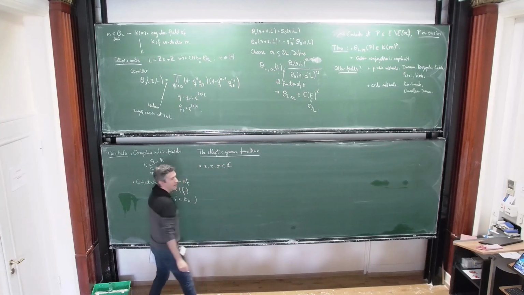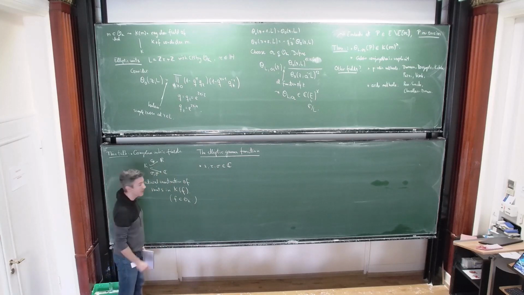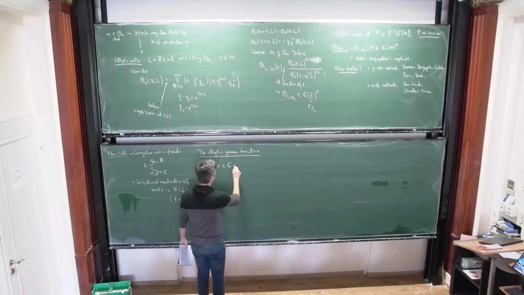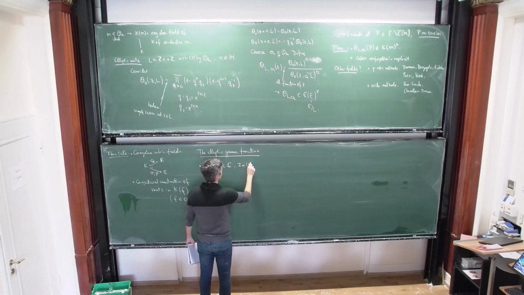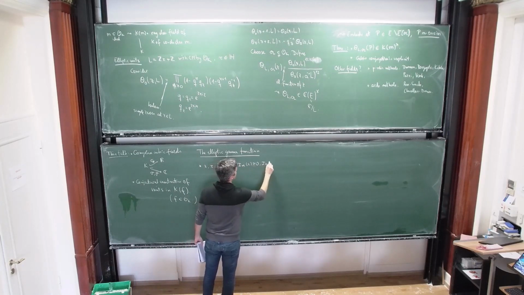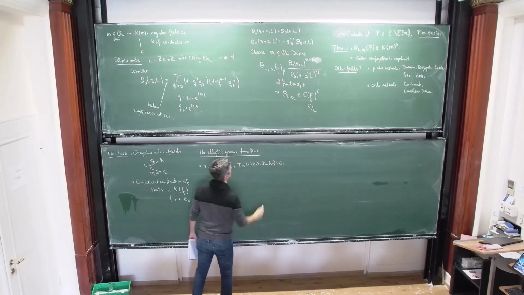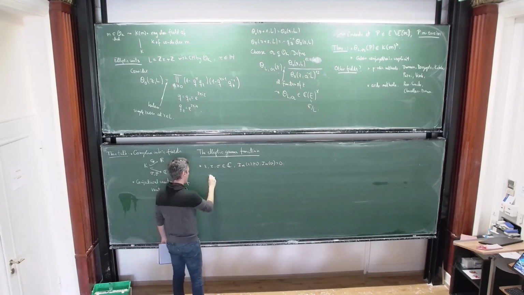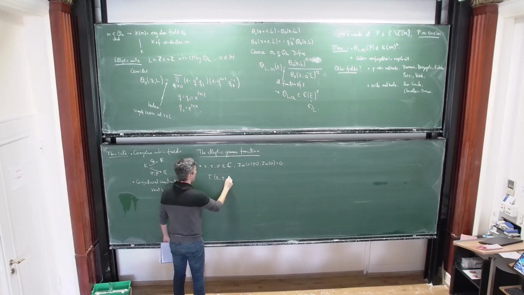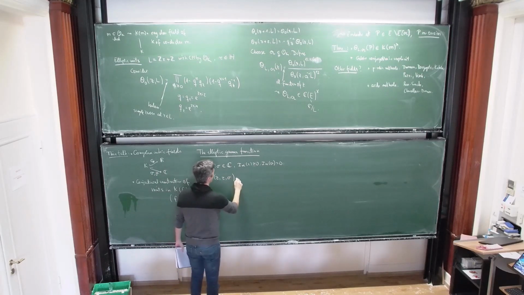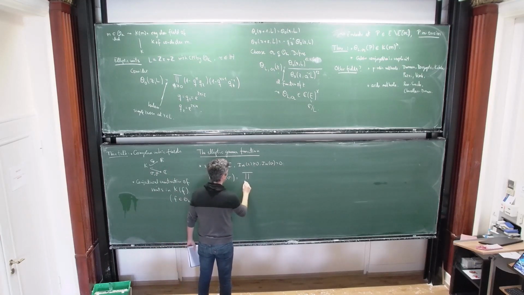So I fix three complex numbers, z, tau, and sigma. And I'm going to take tau and sigma to have positive imaginary part. And then I can define this function, elliptic gamma, of these three arguments as follows.